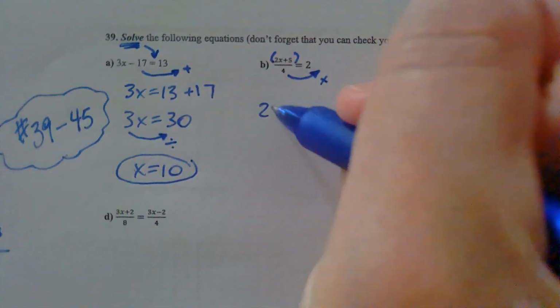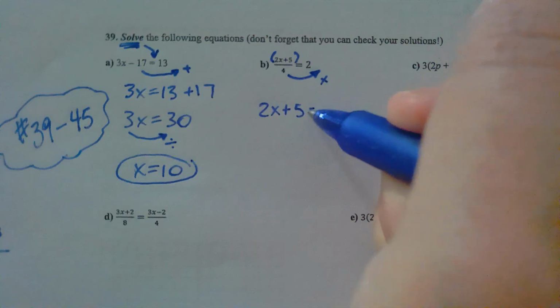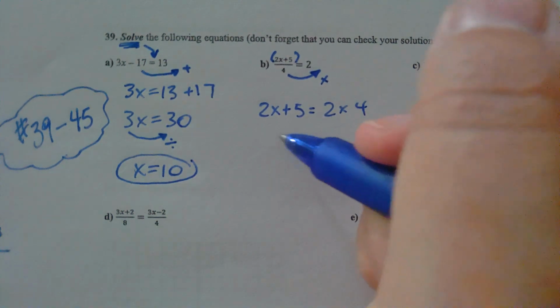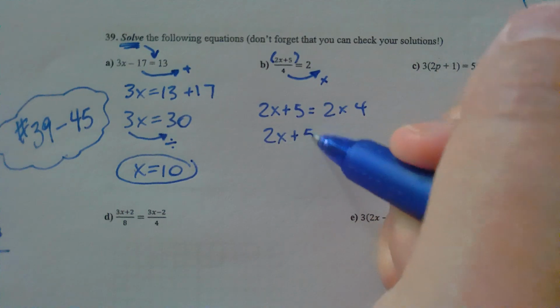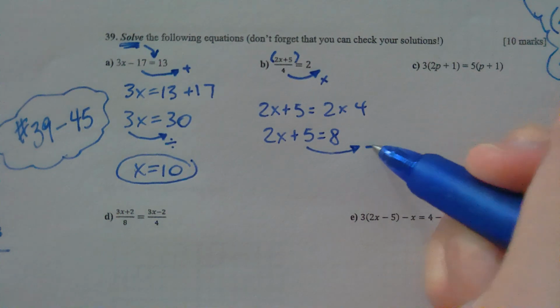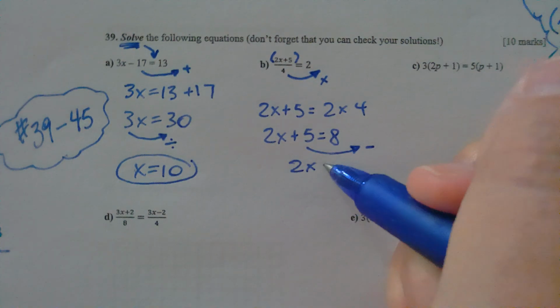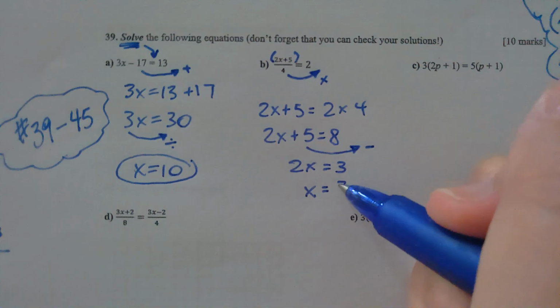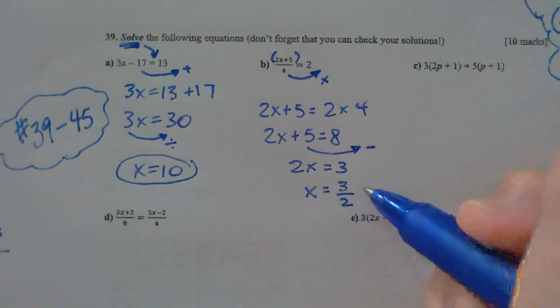So I get 2x plus 5 equals 2 times 4, which gives me 8. Now move the 5 over by subtracting. So 2x equals 3. So x equals 3 over 2.